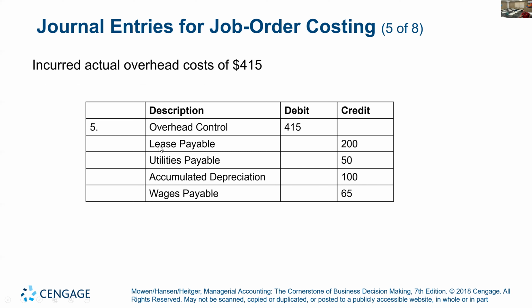We are not making it an expense like we have done in the past, because all of these costs are product costs, so they have to become part of the product. We are putting it in this overhead control. And you have to remember in the previous slide, whenever we estimate our overhead and put it into the work in process inventory account, we are crediting that overhead control.